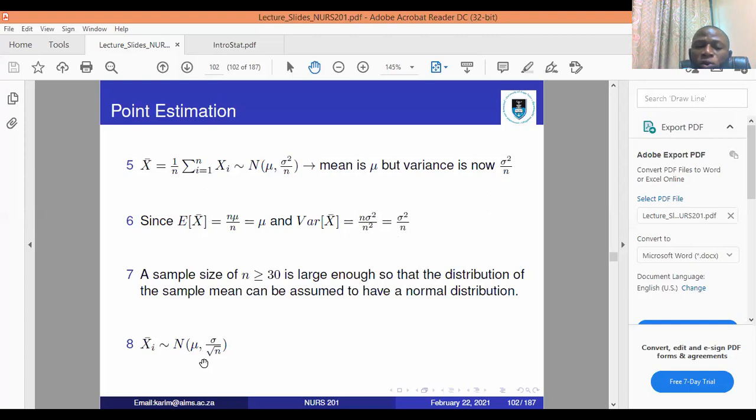So we can conclude that the mean of the random variable is normally distributed with mean mu and standard deviation sigma over square root of n. So if we want to find our z, we are no longer going to say x minus mean over the standard deviation, but it is going to be over the standard deviation over square root of n.